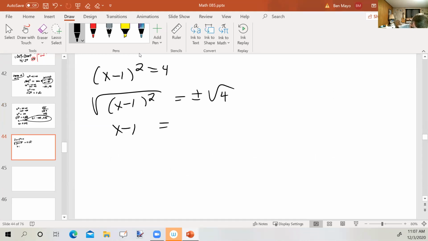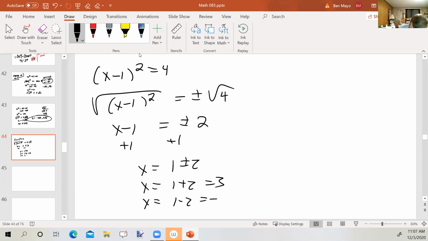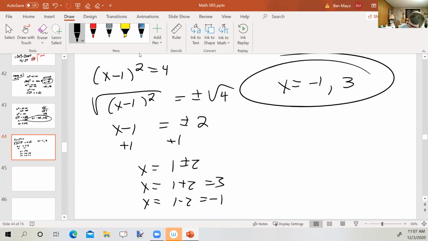So I get x minus 1 equals plus or minus 2 because the square root of 4 is 2. But I haven't solved for x yet. I've got to add 1, so I get x equals 1 plus or minus 2, which means x equals 1 plus 2, which is 3, and x equals 1 minus 2, which is negative 1. So x equals negative 1 and 3, or 3 and negative 1.